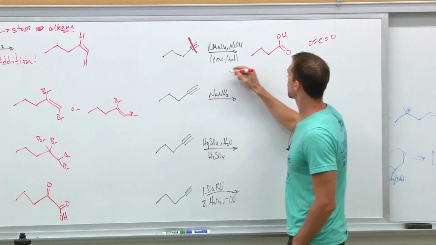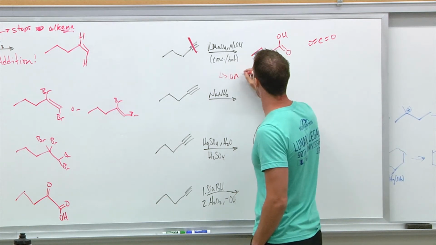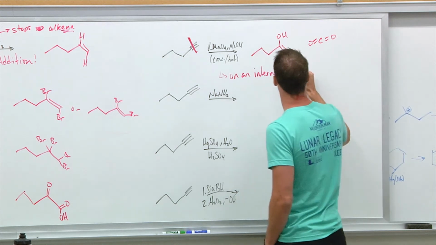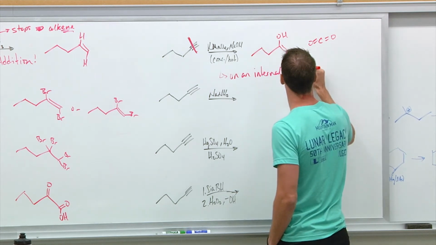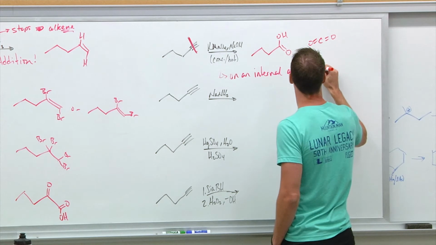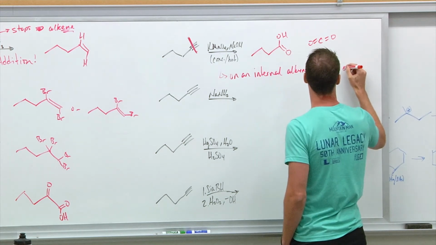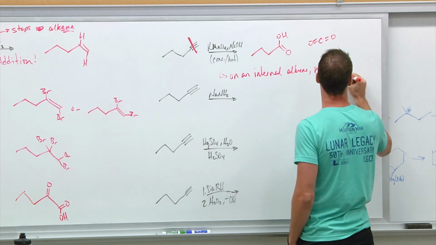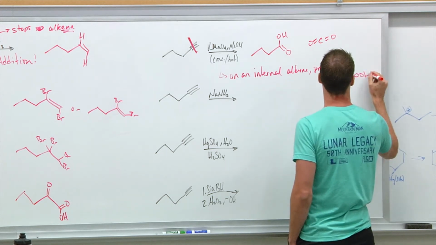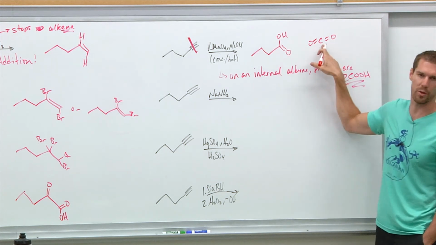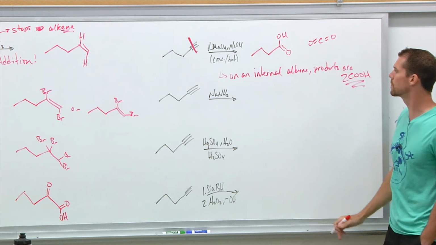On an internal alkyne, the products are 2 carboxylic acids, because you're going to have other carbons to attach to that.